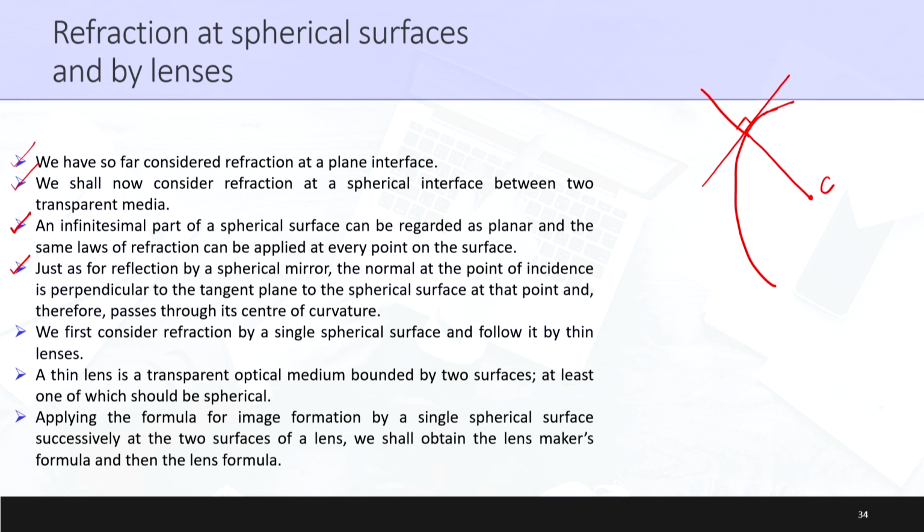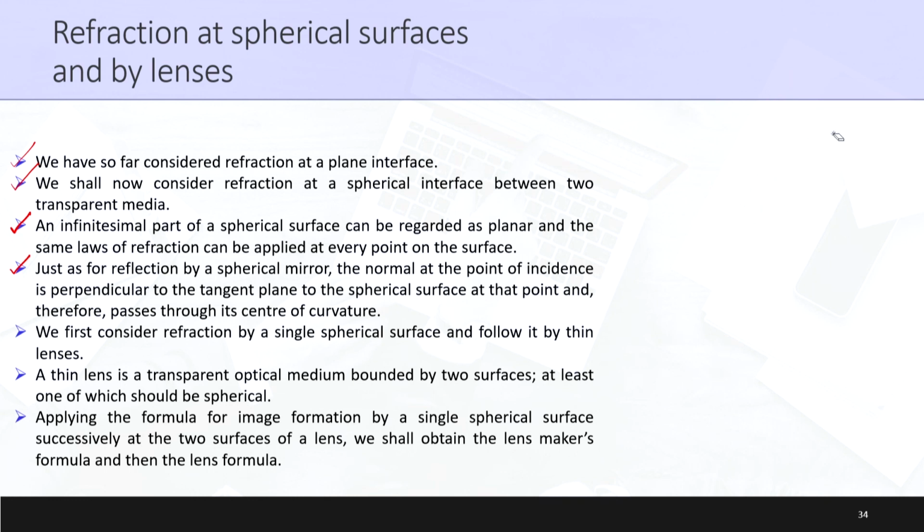So, this is the only concept being talked about here. Just as for reflection by a spherical mirror, the normal at the point of incidence is perpendicular to the tangent plane and therefore passes through its center of curvature.